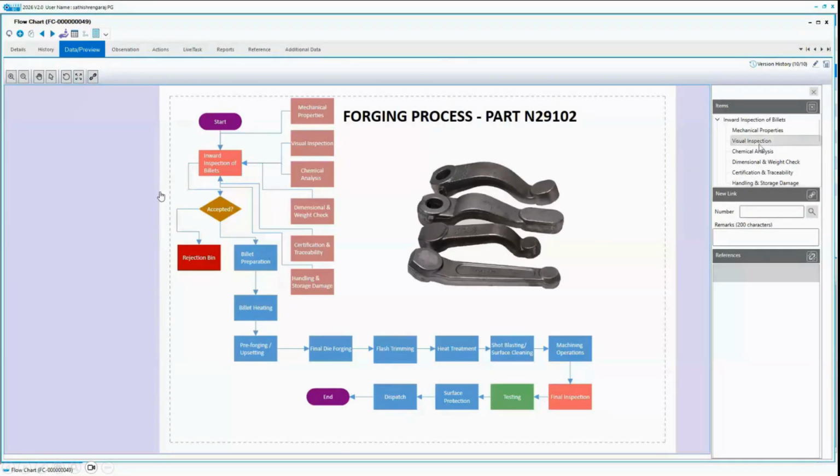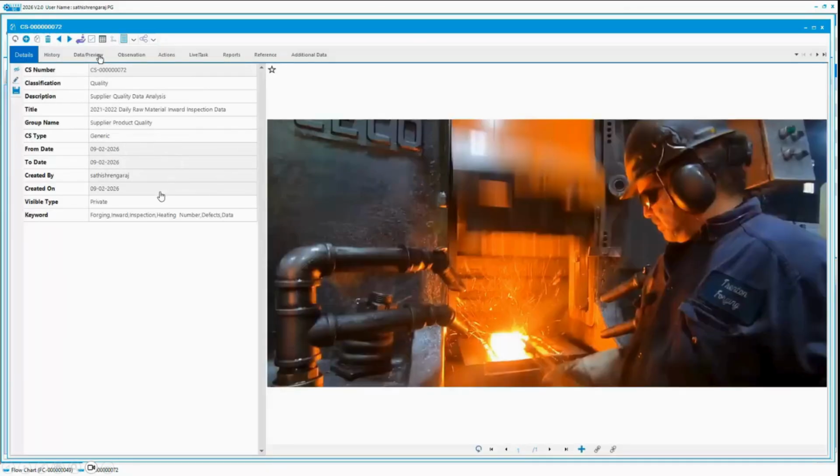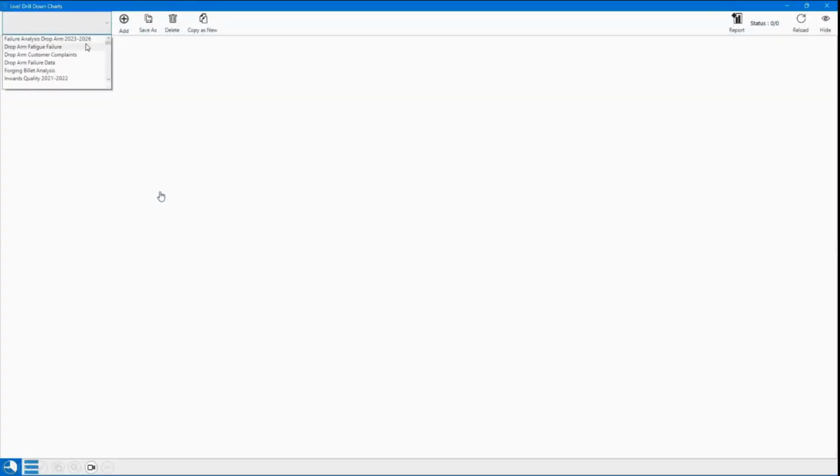You should be able to see what all the things are, and you see the inward inspection data is there. You pick it up in a couple of clicks. You should be able to get the entire data transformed into usable charts for your requirements, folks.